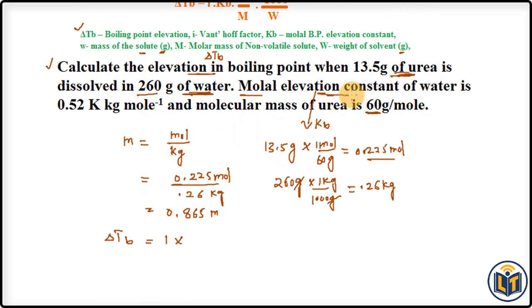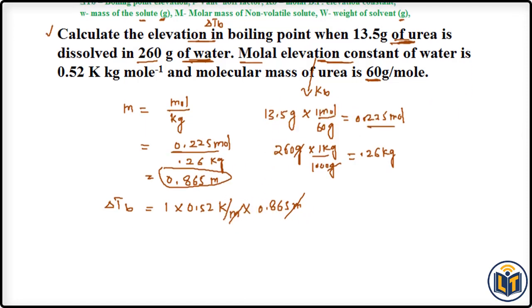Here we have the molal elevation constant of water, 0.52 Kelvin kg per mole, multiplied by the molality we have calculated. This is the value we have, 0.865 mole per kg, and mole per kg will cancel out.